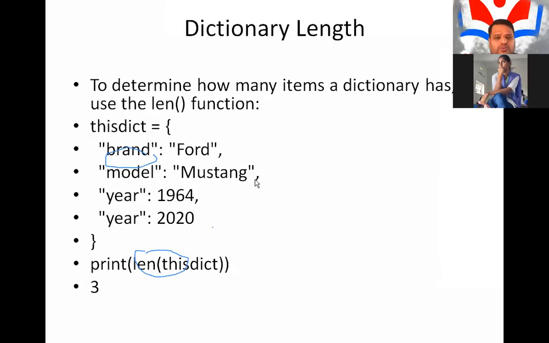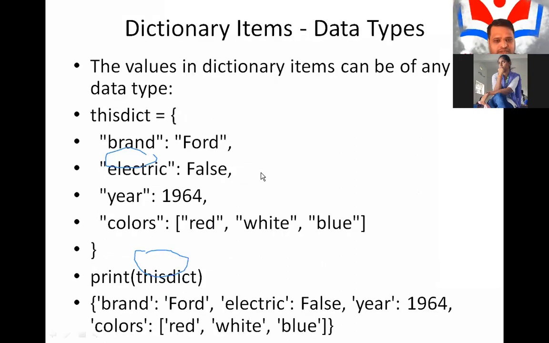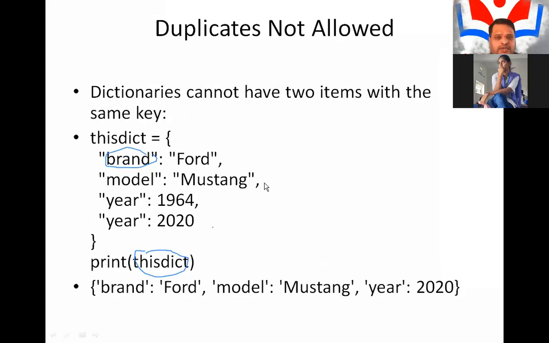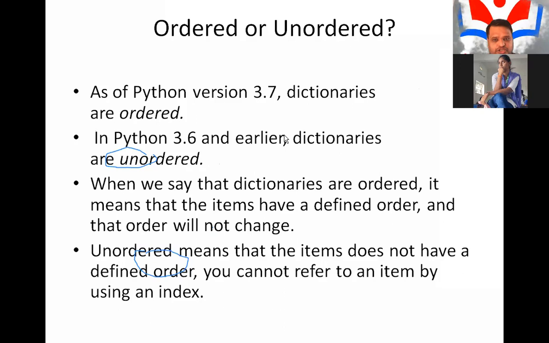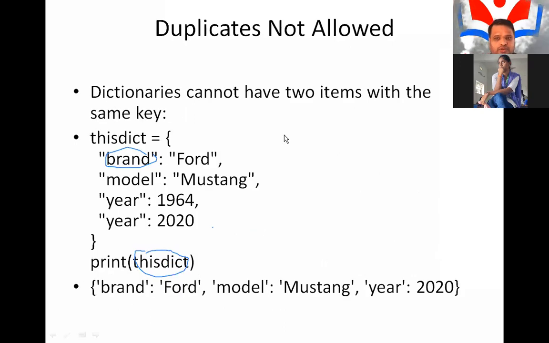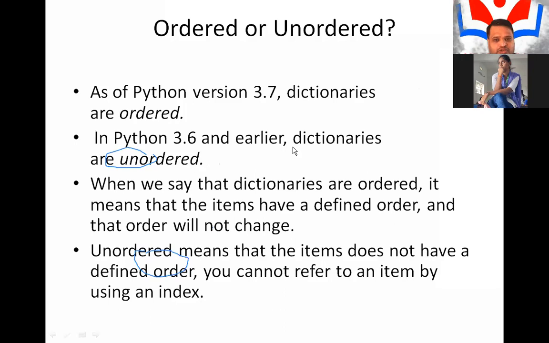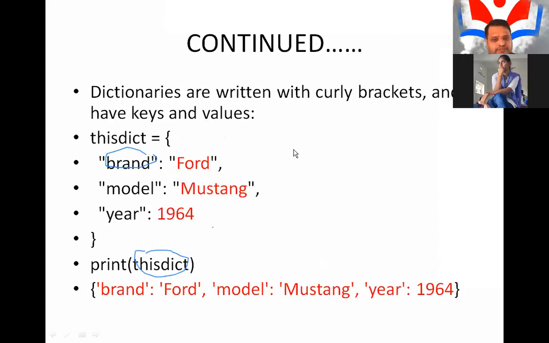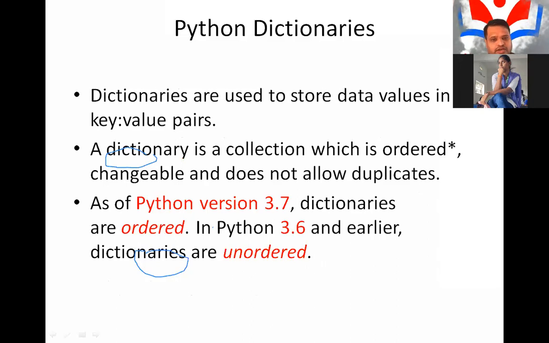Now we will have a discussion on the different types of data elements. We already saw whether dictionaries allow duplicate elements or not, and whether they are ordered or not.